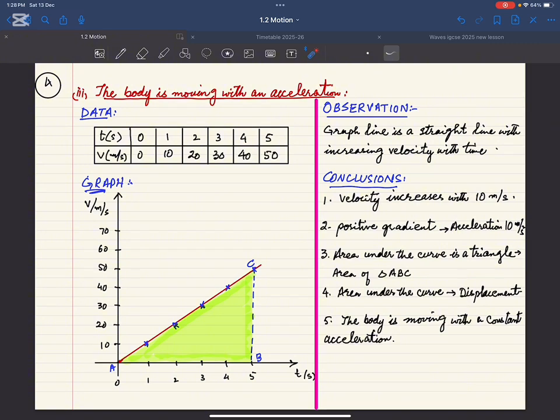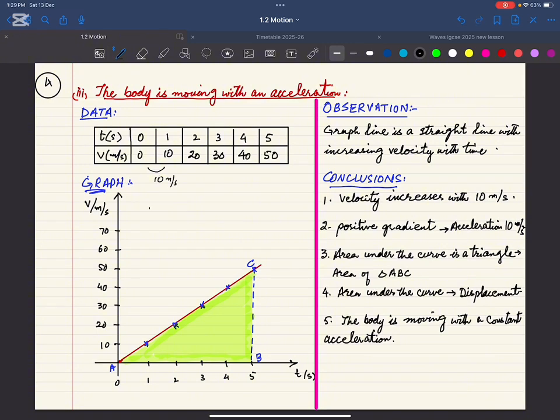First of all, when you observe the data, time is passing in equal intervals, but in this case the velocity increases. What is the rate of increase? Every time here we have a 10 meter per second increase in the velocity.